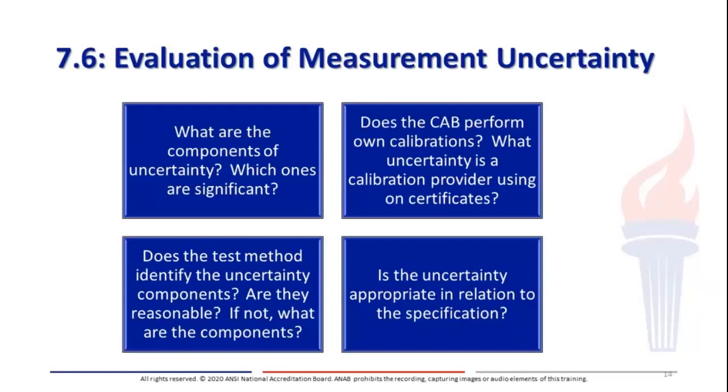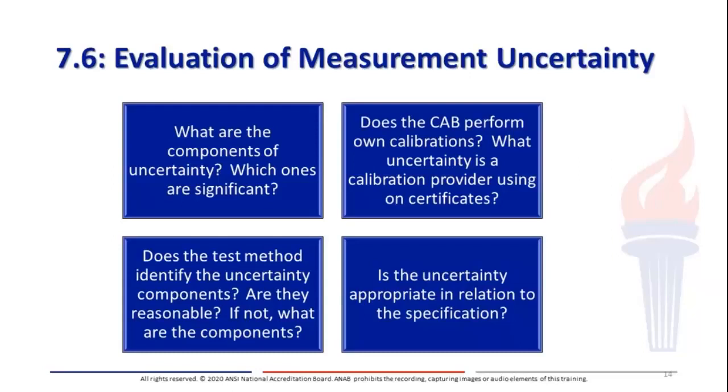We've all seen that statement on the certs that we get back from our supplier, whatever the uncertainty is, and they'll probably make a statement that it's computed approximately at 95% with a coverage factor of k equals 2. That's the kind of information that we're looking for on the certificate, and also does it meet the needs of our system, meaning the conformity assessment body system, and also the customer's expectations.